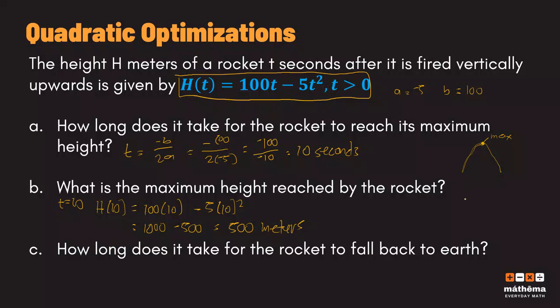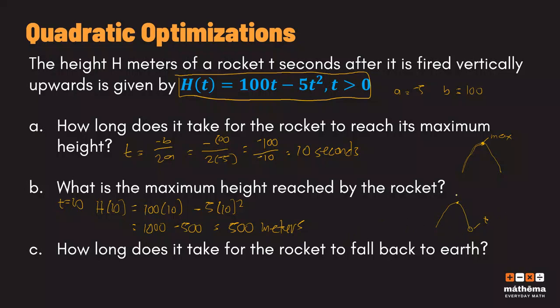So again, after throwing our rocket upwards, it will reach its maximum, the vertex, and then it will go back down. This time at letter C, we are asked, what is the time? How long will it take for the rocket to touch the ground?